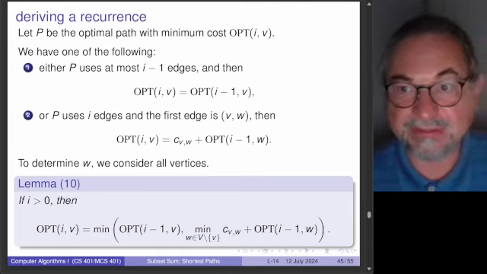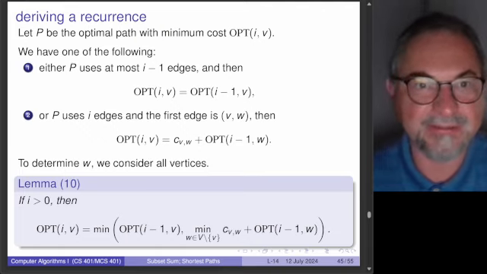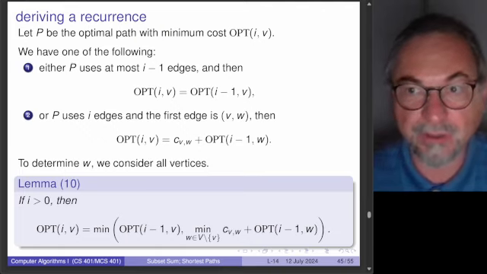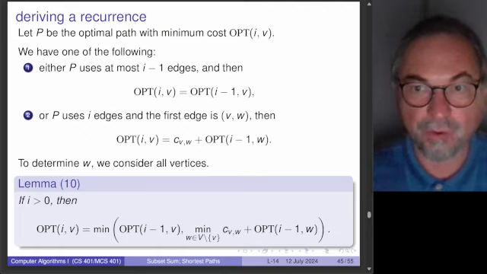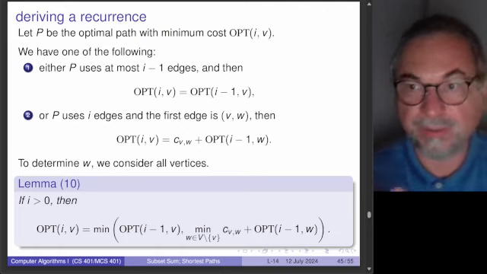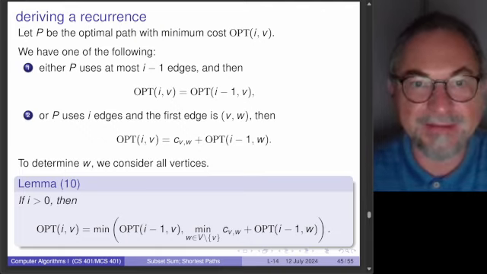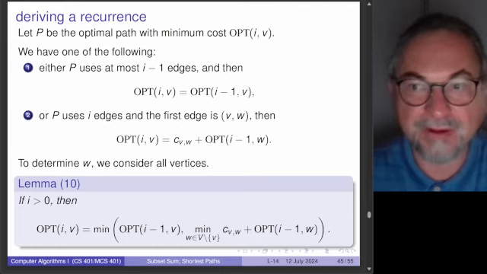This is in some sense the key slide, the key idea here. So we have the optimum path for length i, and we have the notation. But what can we say about this optimum value?